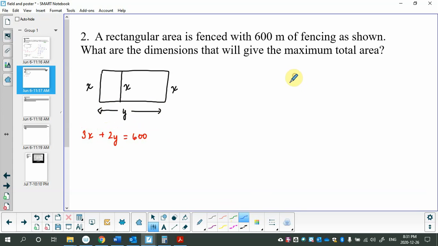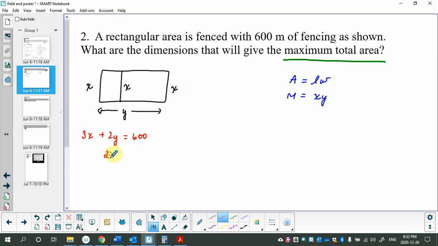My area will be length times width, which is x times y, because again, I want to maximize the area.